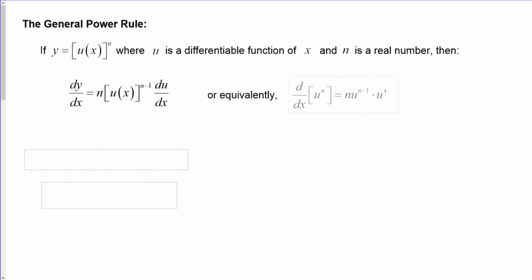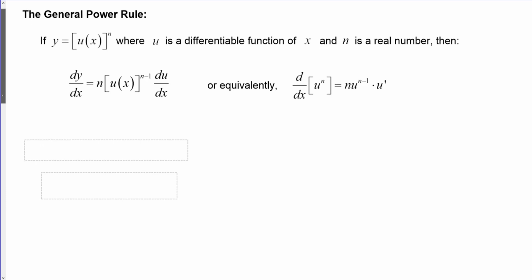Or equivalently, n times u to the n minus 1 times u prime. However you want to think about this, it's just stating you do the exponent first, using the outer function as your exponent, do the power rule on it. Then make sure you multiply by the derivative of the inside part in the end. Let's see a few examples.